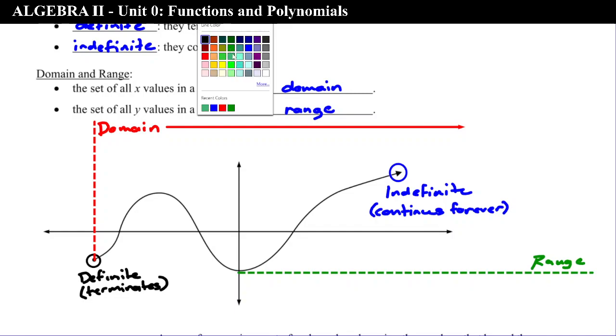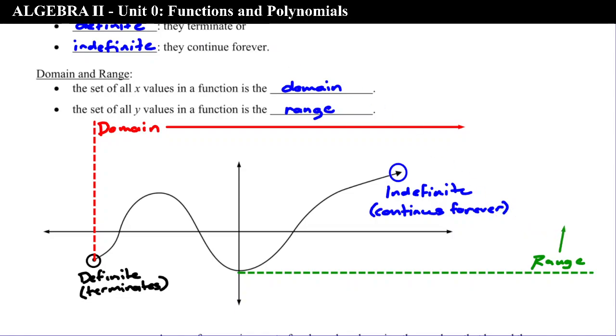So we're going to go from bottom to top, and our range will continue forever because this arrow indicates that it continues on forever, going up and going to the right. So therefore our domain, again, our x values, we're looking along the x-axis, starts from this left-hand side and continues to the right forever. Our range along the y-axis, looking from bottom to top, begins at our absolute minimum, and it continues on forever going upward. That's how you find domain and range.